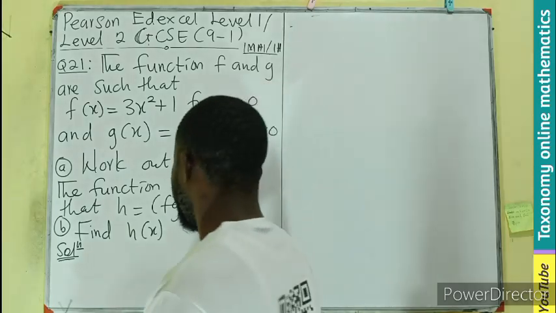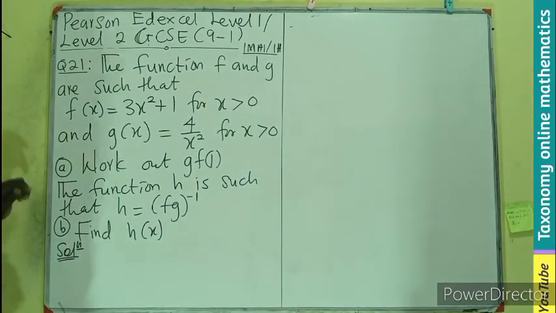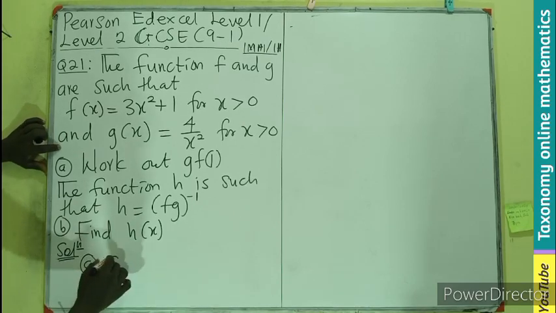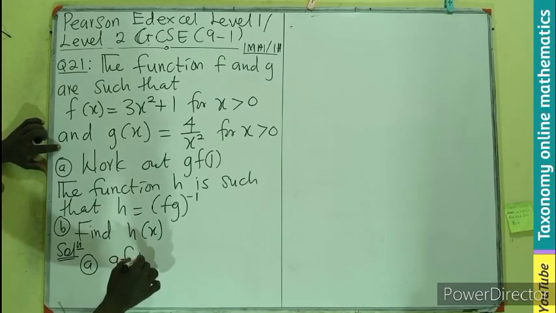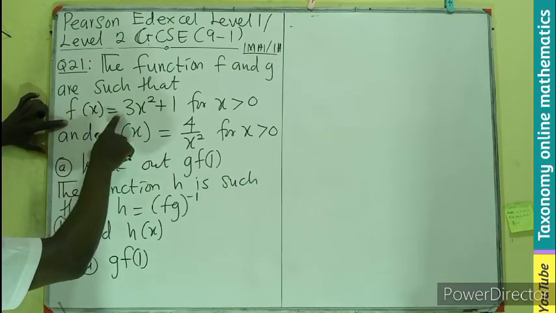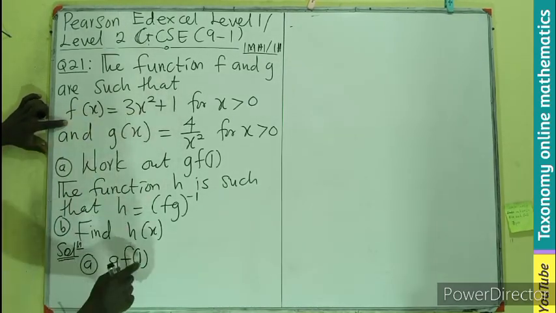Beginning with this, first things first, we are looking for g of f of 1. Look at the statement here, f of x has x in it, so we begin with f of 1.